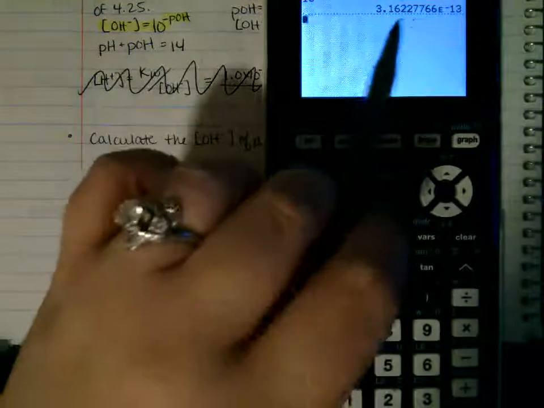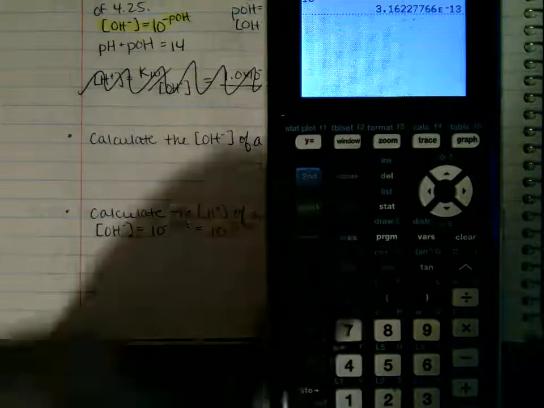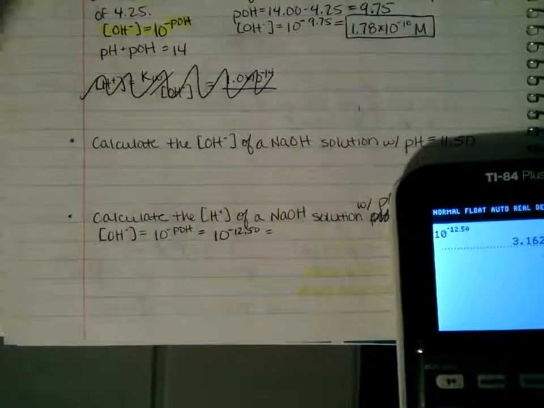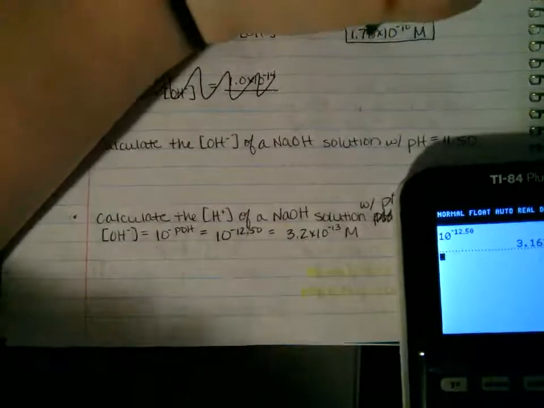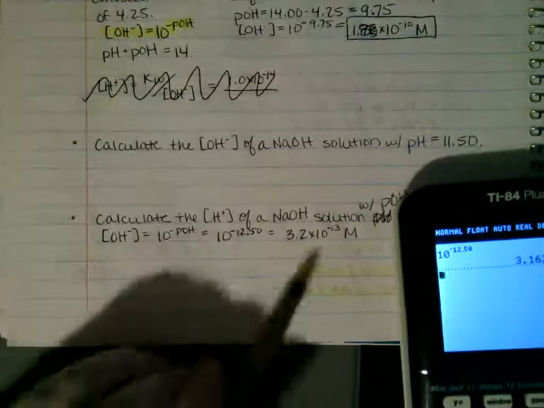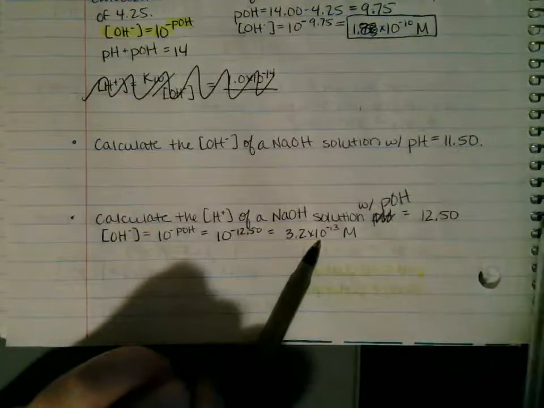We want to keep 2 sig figs. So we would say 3.2 times 10 to the negative 13th molar. Edit these sig figs. I'm a ding dong. 2 sig figs there. Okay, so that's our hydroxide ion concentration.